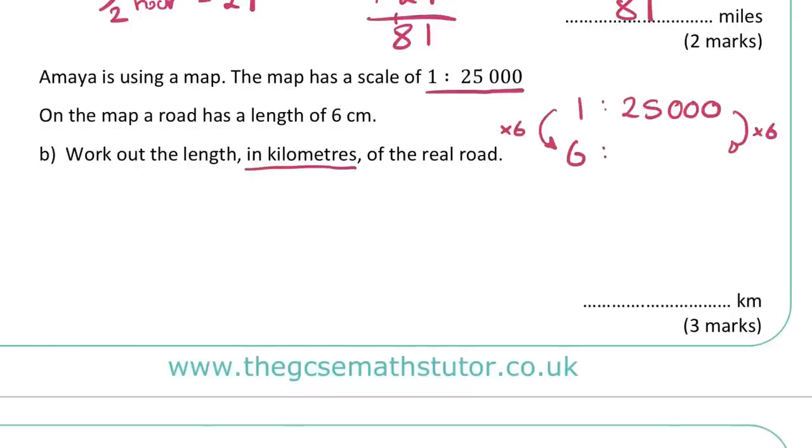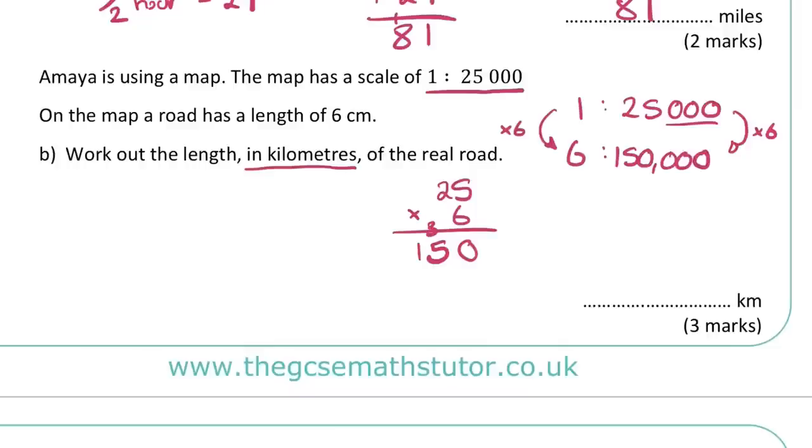So 25,000 multiplied by 6, let's just do 25 times 6, because 25,000 times 6 seems awful. 6 times 5 is 30, 6 times 2 is 12, plus the 3 is 15. So we had 3 zeros obviously at the end here, so that's 150,000 with those 3 zeros, and there we go, so that's 150,000 centimetres.